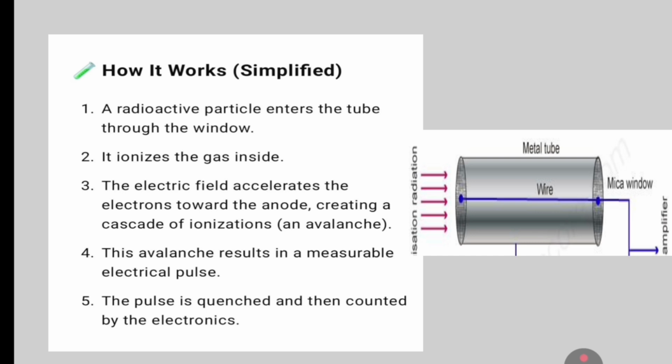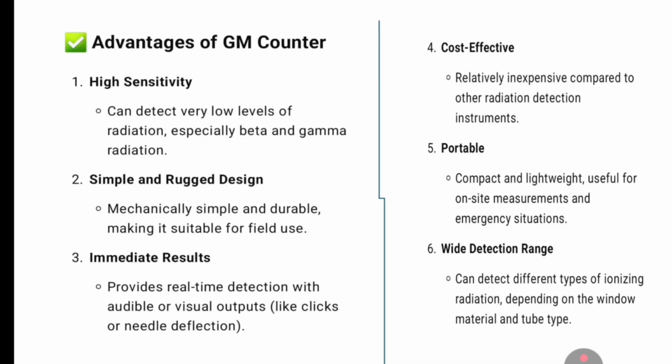The electric field accelerates electrons towards the anode, creating a cascade of ionization. This avalanche results in a measurable electrical pulse. The pulse is quenched and then counted by the electronics.